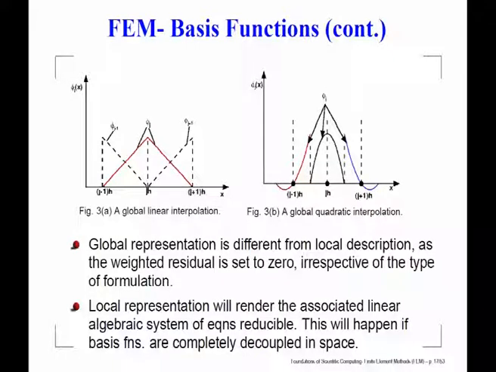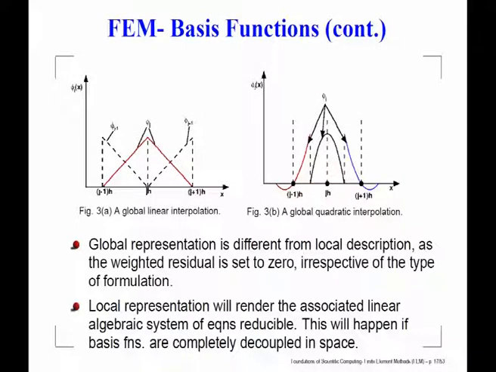Then what happens is, if I would have taken the basis functions as this, phi j as this, and phi j minus 1 as this, and plug them back in the differential equation, it will just give you something like an explicit representation of the function. But what we need is something like this, with the Lagrange interpolation property, that phi j would be equal to 1 at x equal to x j, and everywhere else it should be equal to 0.